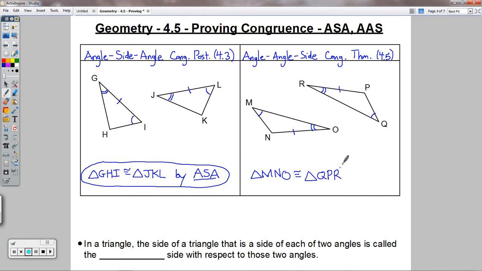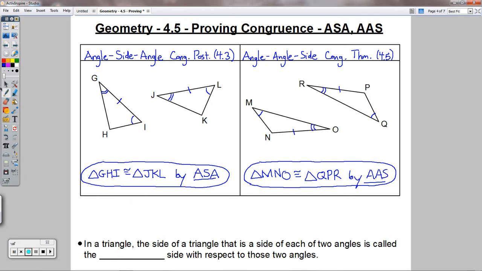So QPR would be the correct corresponding way to match those up. So this would be by angle, angle, side. And again, just a quick recap: included side for angle, side, angle, a non-included side for angle, angle, side.